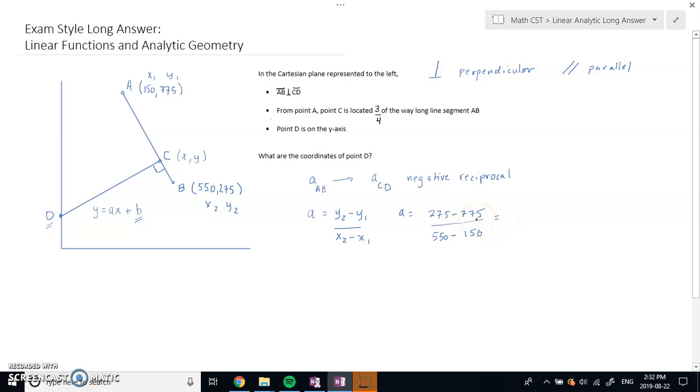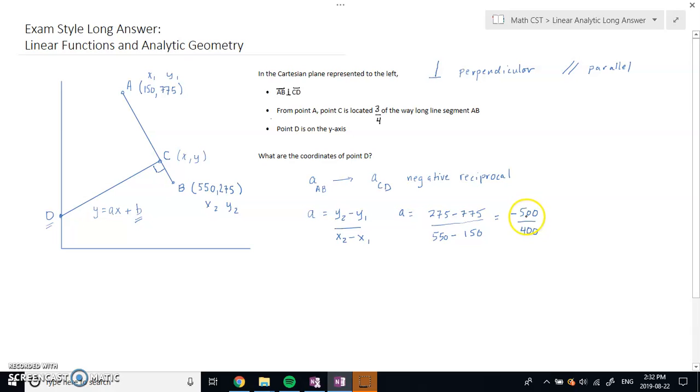And that gives us an interesting slope. So on top, 275 minus 775 is negative 500. And 550 minus 150 gives us 400.